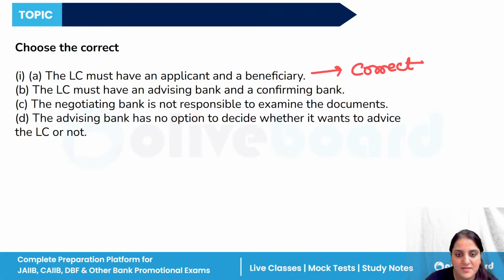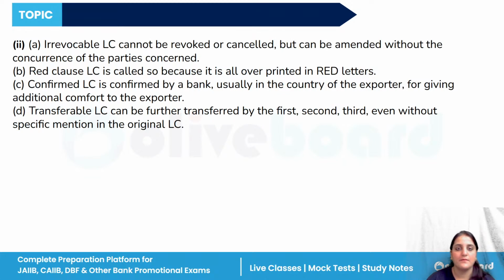And the second option is not correct because while an LC may involve both advising and confirming banks, it is not mandatory for LCs to have both. An LC can exist with just an issuing bank and the beneficiary. And the third and fourth are completely incorrect here. So option A is correct.